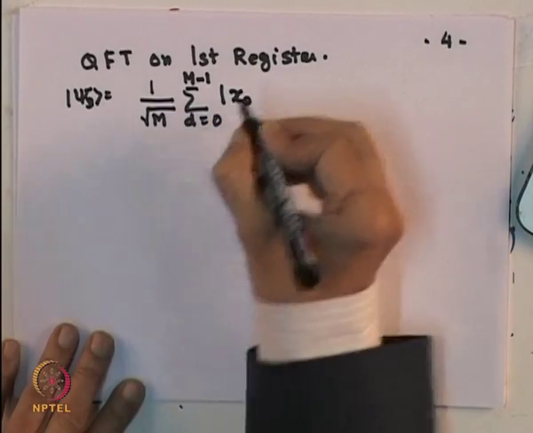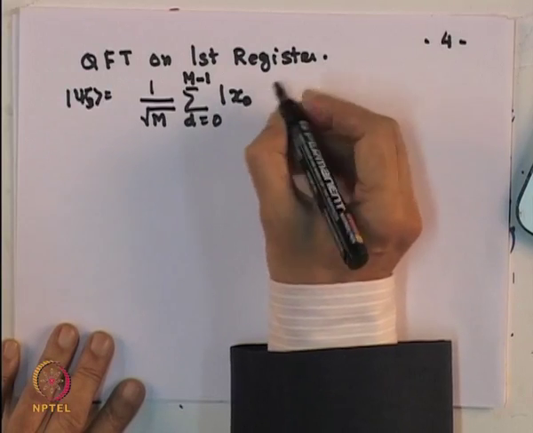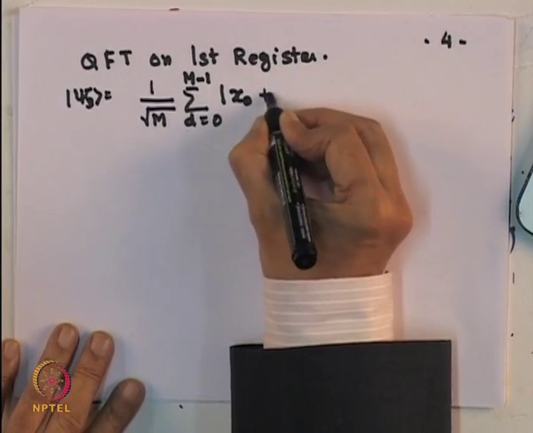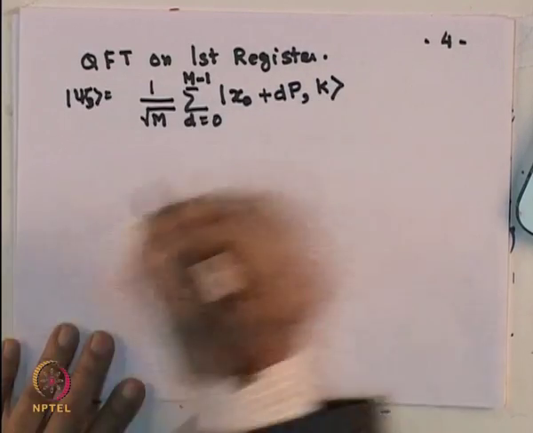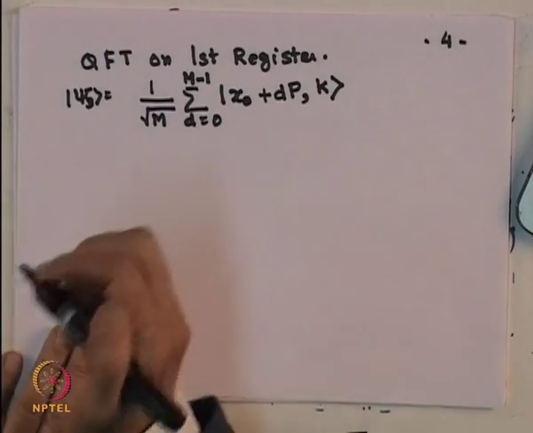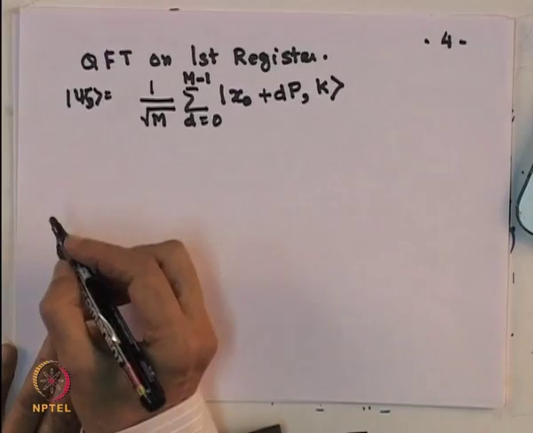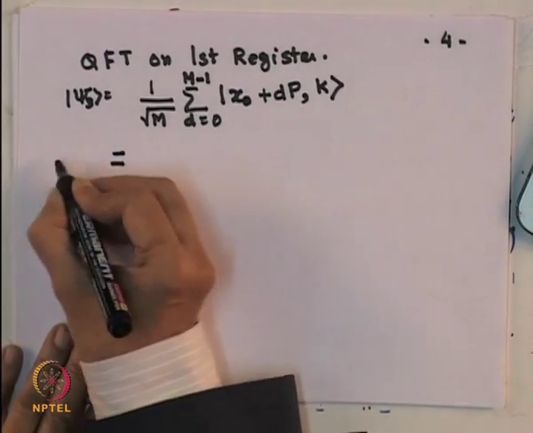X0 is the starting point of that first register, for which the value in the second register was k, plus d times p comma k, which is the result of the second register, which in my example I told you as 9. Now if I introduce a QFT on the first register, I will get psi 4.